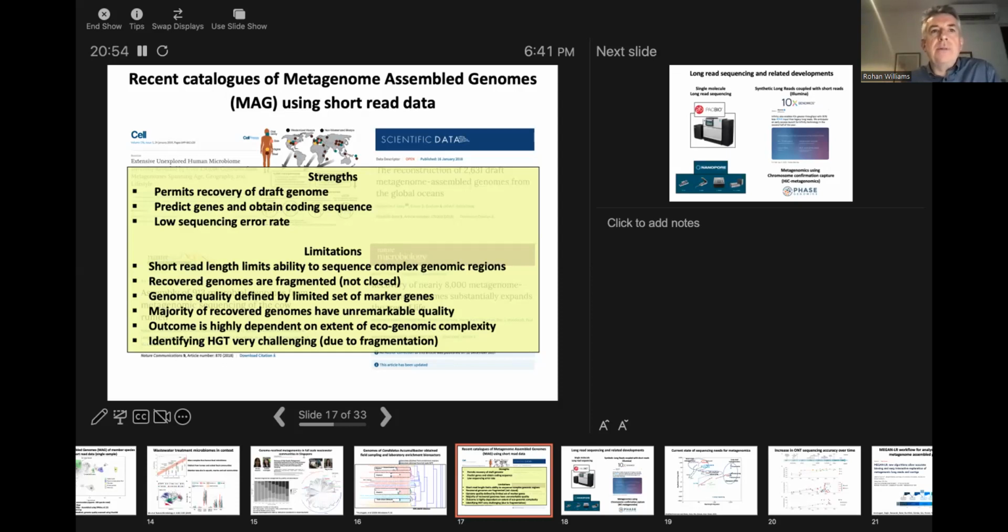And also identifying horizontal gene transfer is very, very challenging because of the fractionated nature of the genomes. You don't know whether a short contig is a contaminant, or a genuine piece of genetic material from another bacterium that's been transferred into the bacterium that you're recovering that genome from.